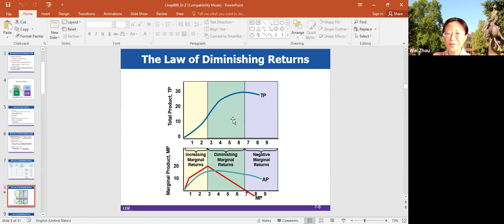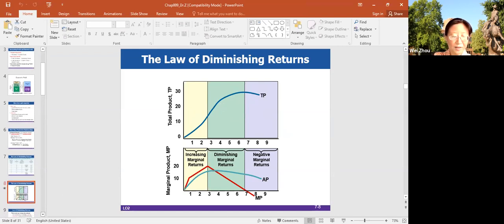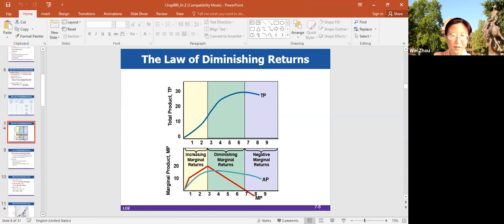And we said any wise producer doesn't want to produce in this area where marginal product is negative and total product is going down. So they want to produce somewhere here, but can you hire that much labor, and is that amount of labor going to maximize profit? That will be the question we're going to answer in the following 6 or 7 chapters.